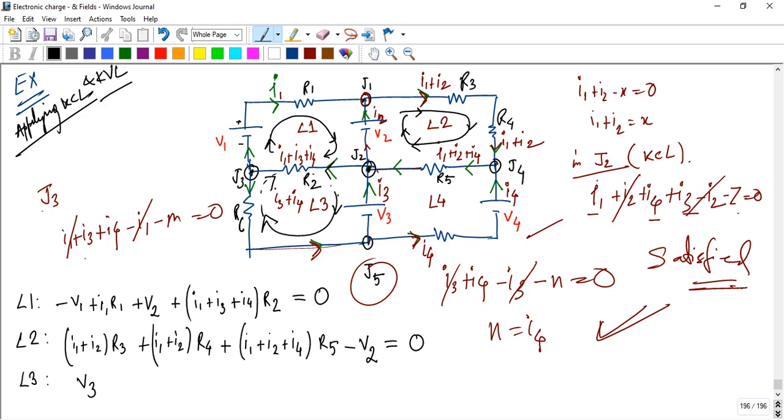Suppose the resistance is R6, and the current I3, I4 passes through it in the opposite direction. That's why minus (I3 plus I4) times R6.